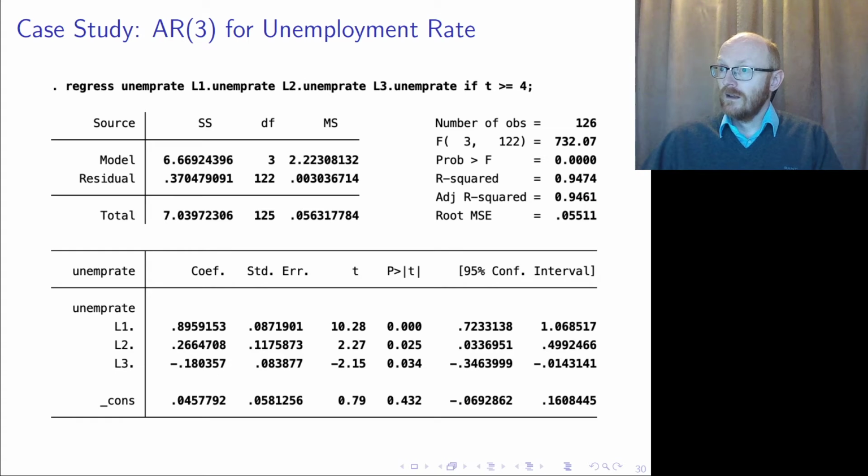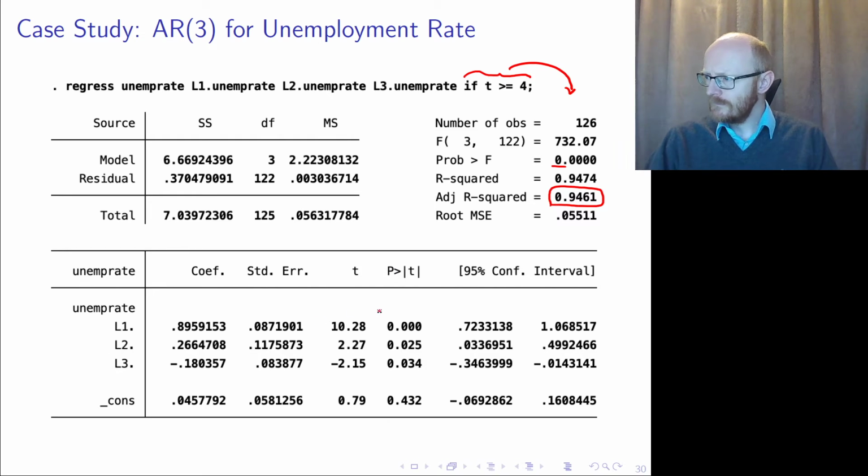And if we look at the AR3 model, we just regress unemployment rate on the 3 lags, and we still have the cutoff here, so we can compare the 2 models with the same data. We see that it's still relevant, and the adjusted R squared is still quite high, but it's not increasing by a great margin.